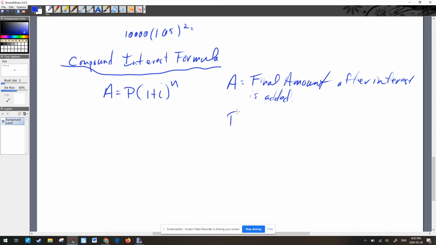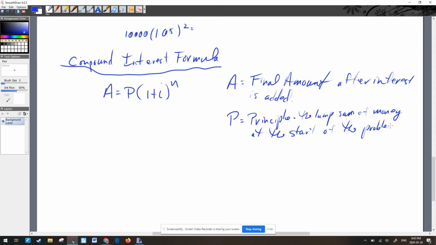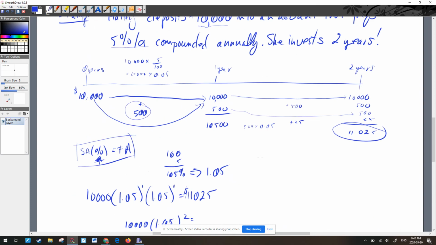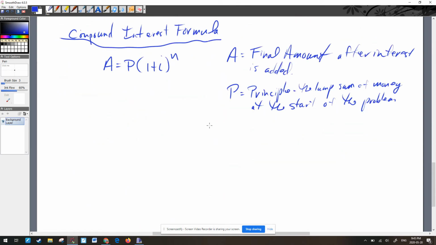P stands for principal, which is a fancy way of saying the lump sum of money at the start of the problem. So it's the lump sum. So in the question we were just looking at, that's Haley's $10,000. It's how much money we put away at the beginning. And I say at the beginning, meaning chronologically.